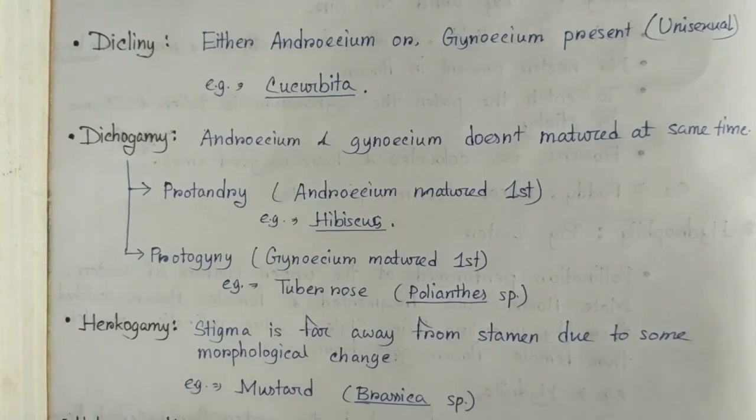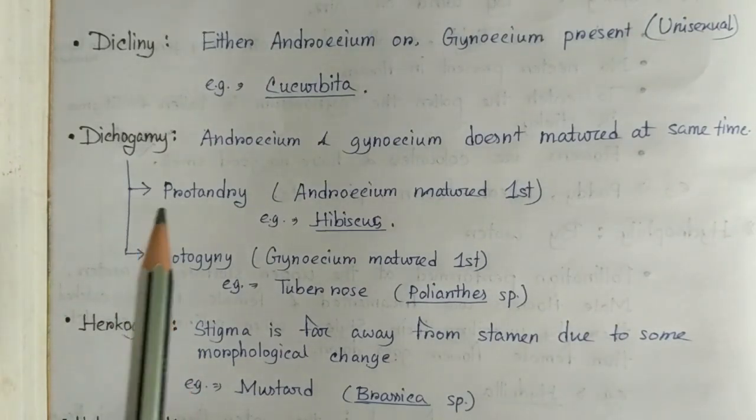Next, dichogamy. Dichogamy means the androecium, the male reproductive organ, and the gynoecium, the female reproductive organ, do not mature at the same time. Due to this problem, they can't perform self-pollination. They are further divided into two parts.